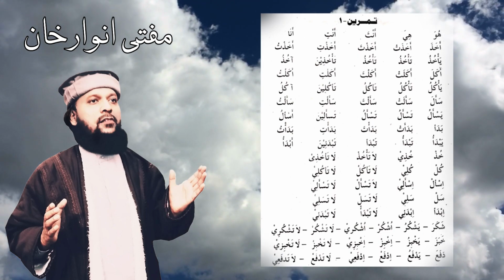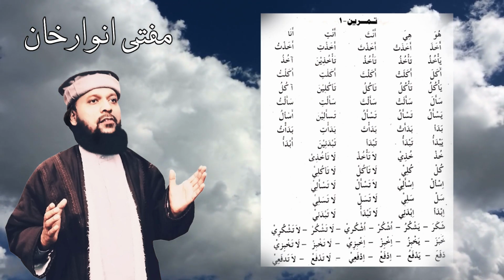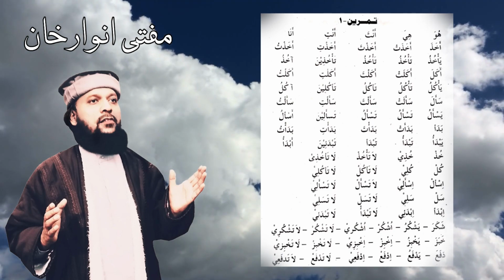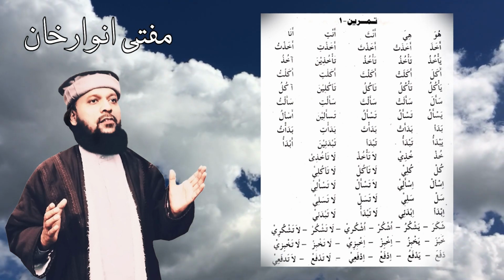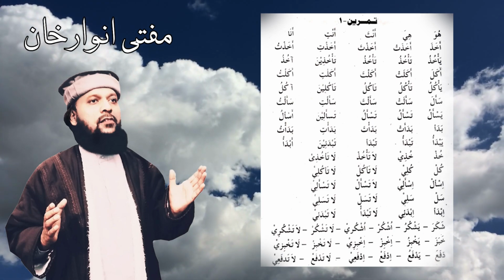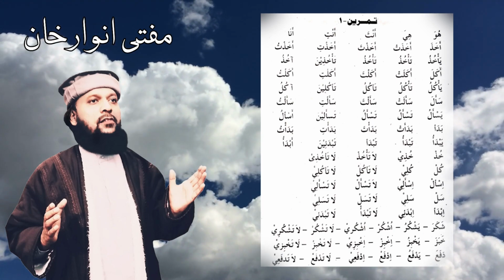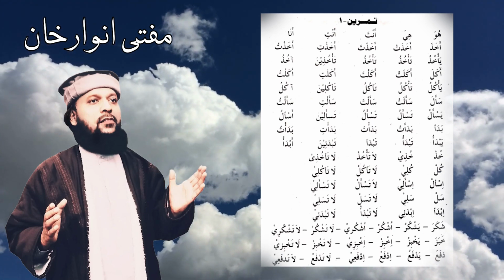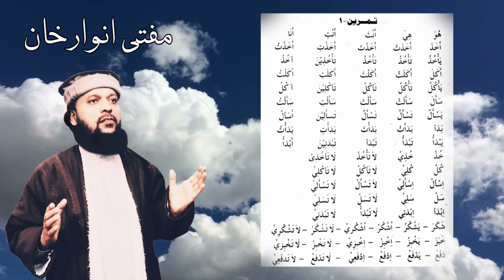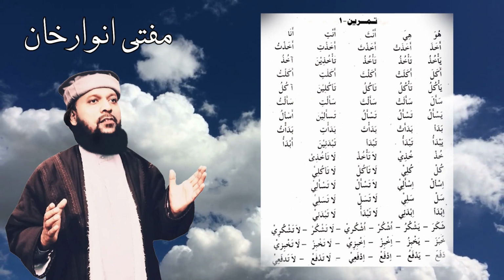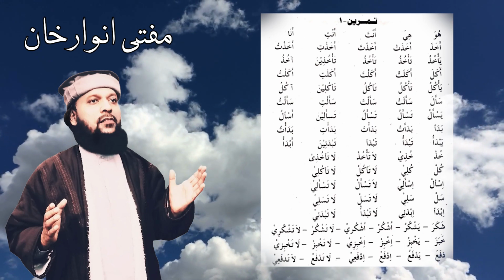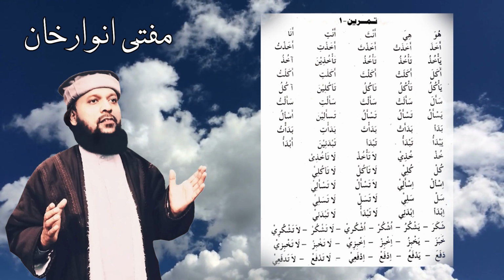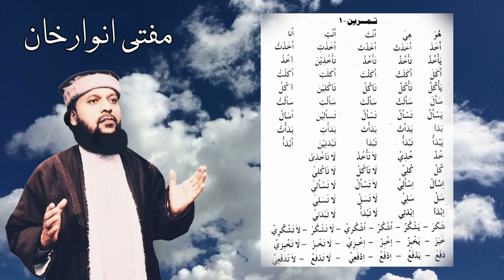So wahid muwannath ghaib and wahid mudhakkar hadir in mudare, they are same. Again I am repeating. Wahid muwannath ghaib and wahid mudhakkar hadir, in form, in shape, they are same. Ta'khudina, you are taking, feminine. Akhudhu, I take, for masculine and feminine both.